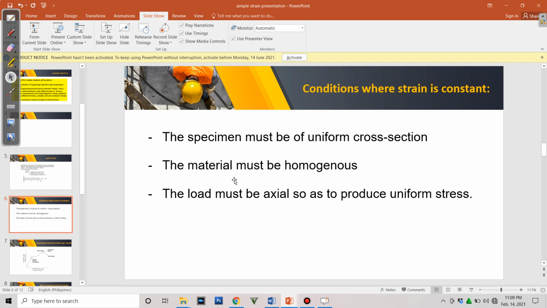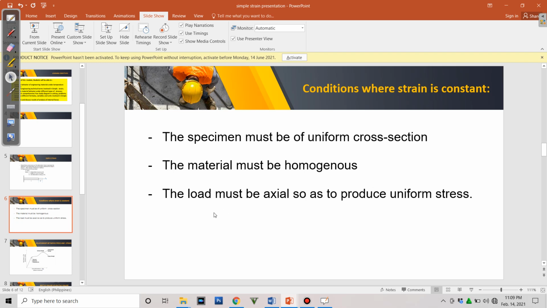It cannot be that from 0 to 1 meter you have steel, and then there will be another material like bronze, and then another material like aluminum. In short, you cannot have a heterogeneous material if you want the strain to be constant.